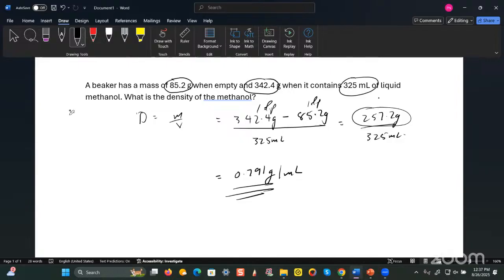And then when you divide, you round off according to the lowest number of significant figures. In this case, dividing this by this, this has 3 sig figs and this has 4 sig figs, so the final answer must be expressed in 3 sig figs. Any other questions about this?